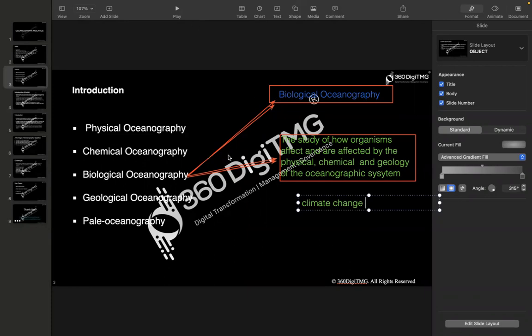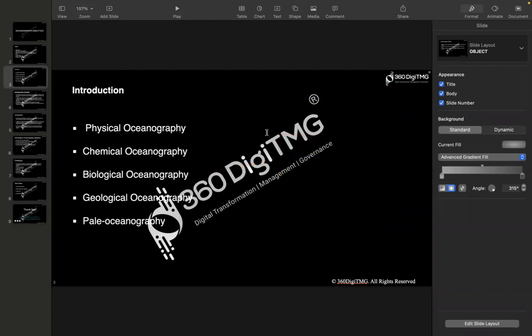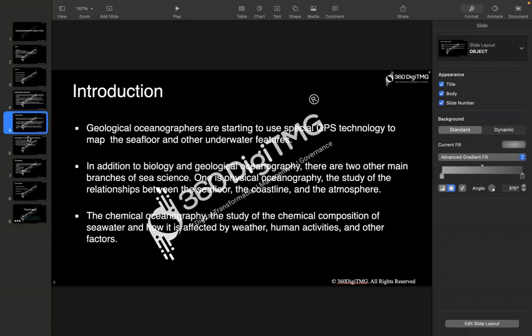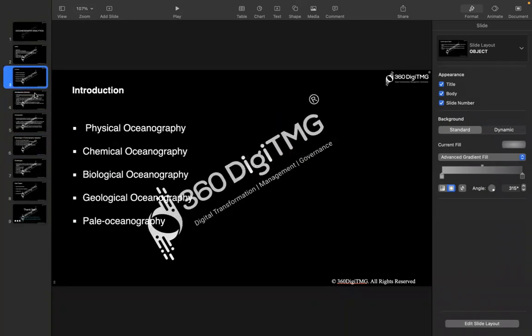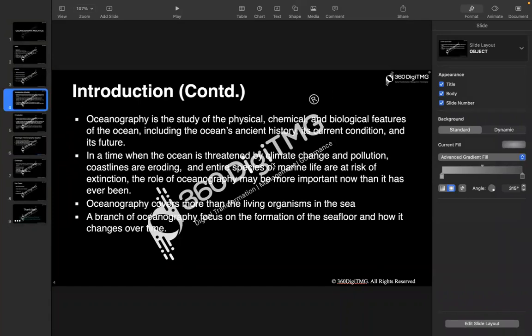So we will get an idea on the oceanography. So we'll discuss the use case.